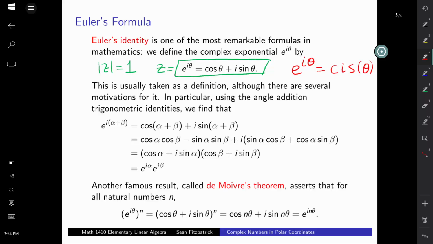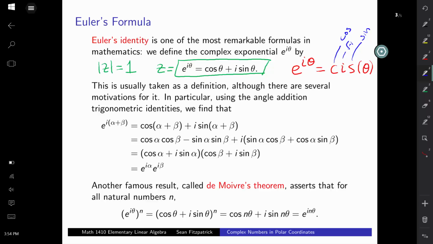But the CIS here, you might be able to guess what it stands for. It stands for cosine, i being the square root of -1, and sine being sine. So it's this idea that you're doing cos plus i sine that the CIS stands for. So some people will just write it as CIS theta. Use whichever notation you prefer.